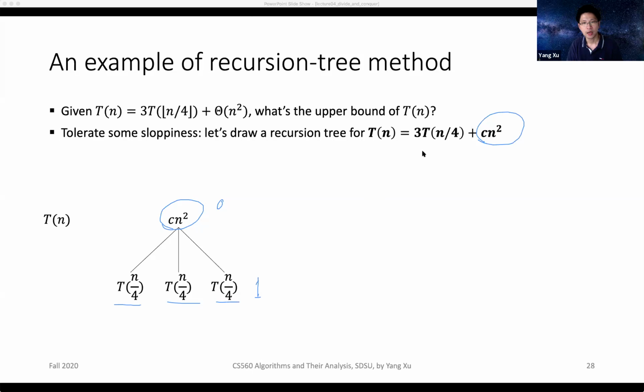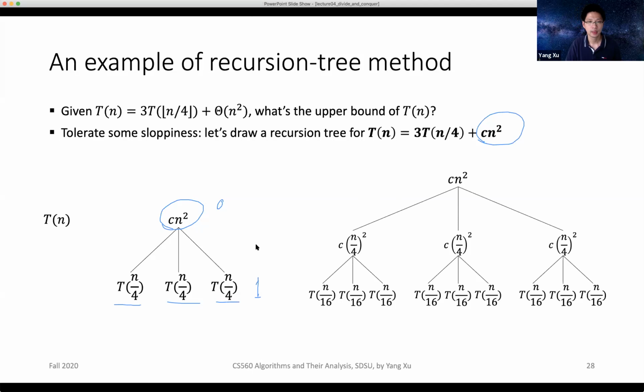And we can further split the subproblems, as we can see here. So how do we get c times (n/4) to the power of 2? That is simply substituting n/4 into the original recurrence.